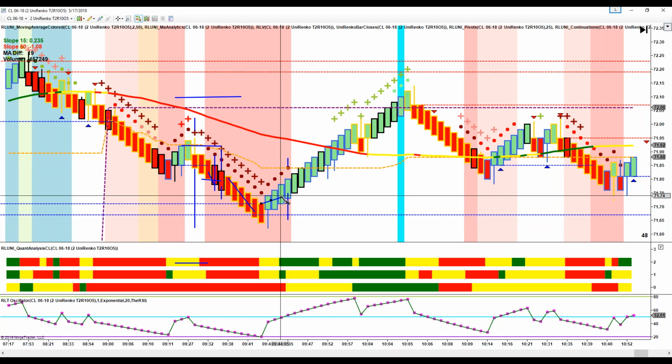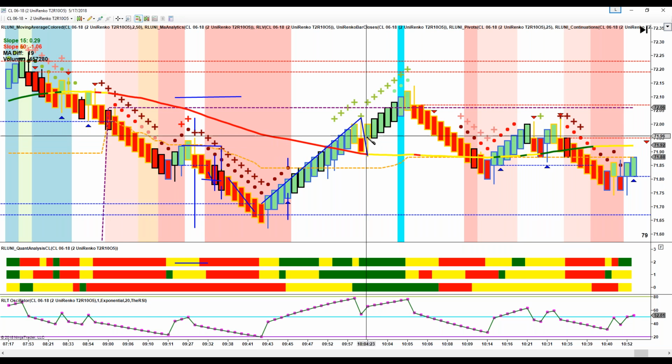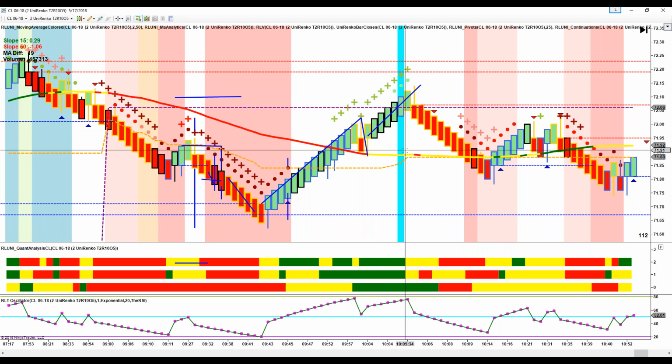And here's just what we're looking for. The move through, the pullback, and the continuation trade. It's exactly the setup that I was talking about. And this is even a better one because it's not just a wick, it's a down candle.